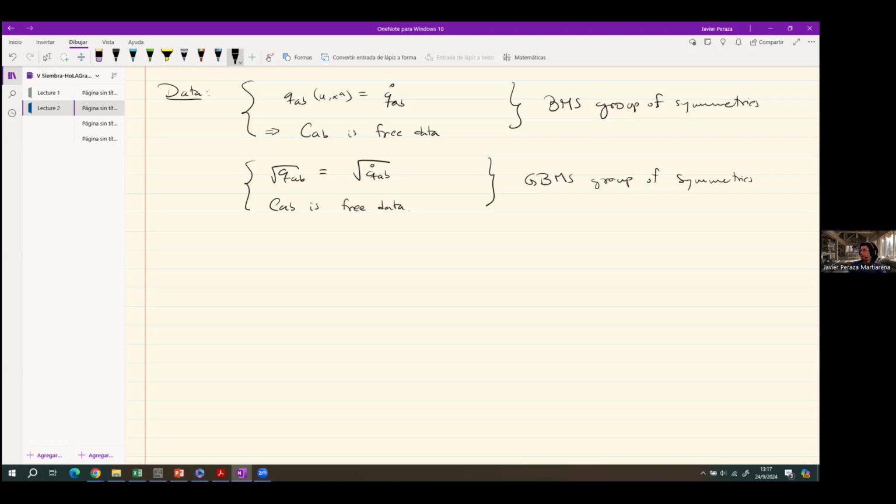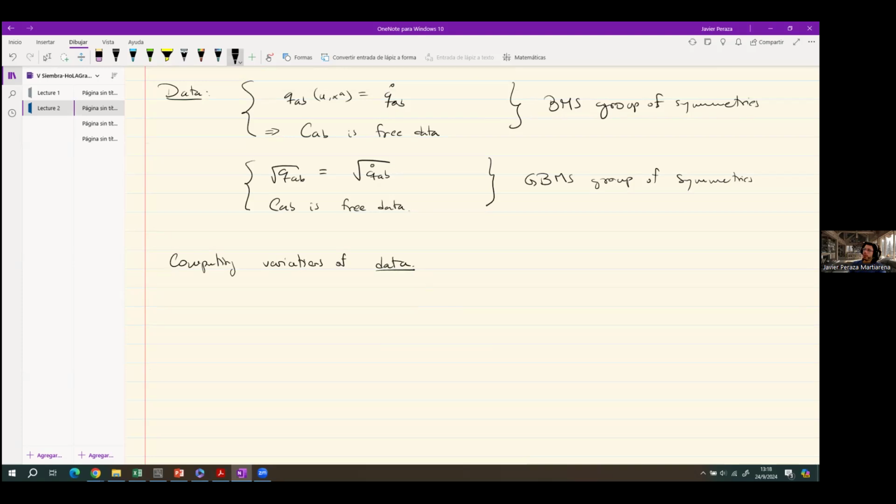But what we want to do is to compute variations of the main parts of the metric. So for example, computing variations of data.